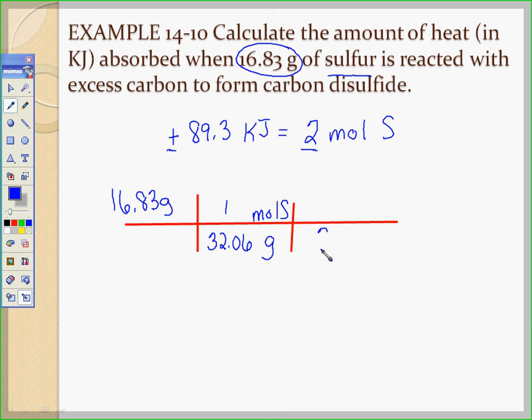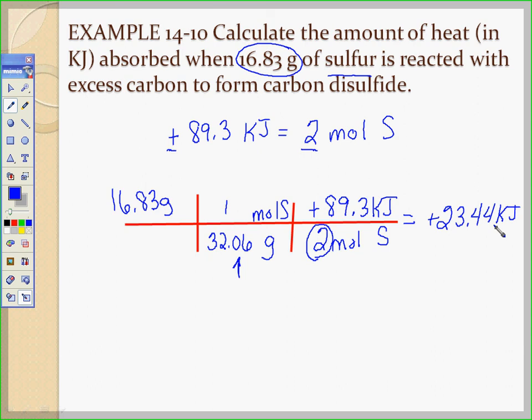And this time it's 2 moles of sulfur required when I'm involving 89.3 kilojoules. So that 2, and of course the molar mass, provide the 2 key differences. And here it would be 23.44, a positive still, kilojoules for the sulfur.